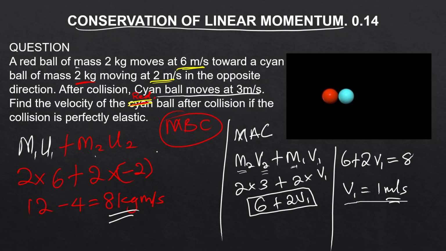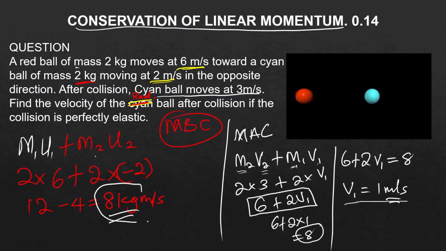Now let's check if they are the same. If I put 1 here, 6 plus 2 times 1 is 8. So this is momentum after collision, and this is momentum before collision. It proves that the law of conservation of linear momentum is true.